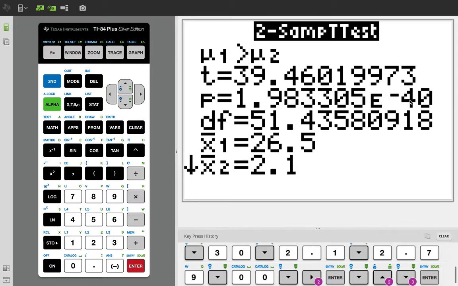That means really it's a decimal with 39 zeros in front of it. So I'm going to say P is approximately 0. To calculate degrees of freedom in a two sample t-test is a little bit more complicated. So your calculator will do that calculation for you. You just need to copy it down and take it to a couple decimal places. So degrees of freedom, about 51 point.